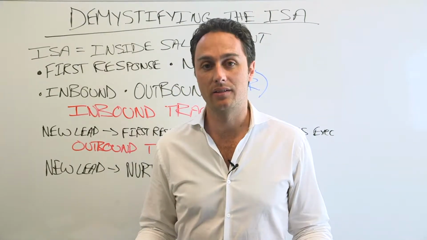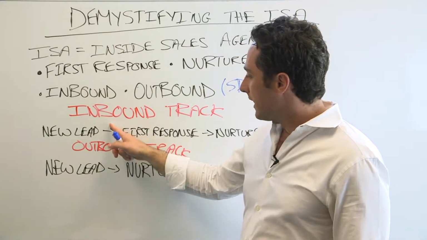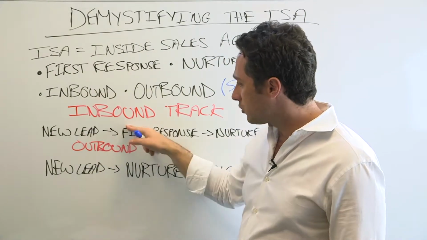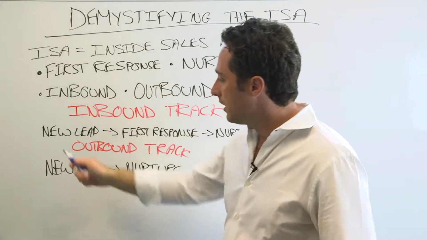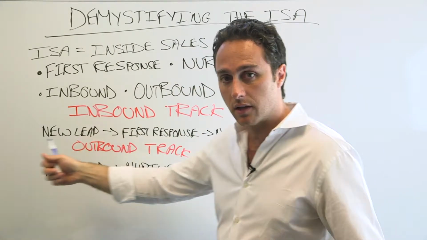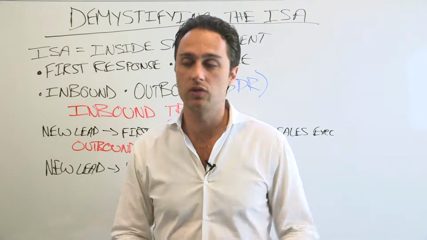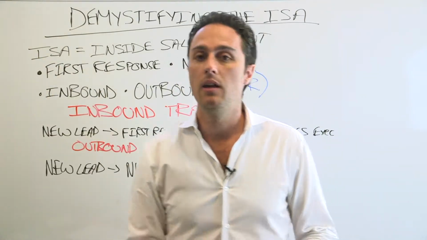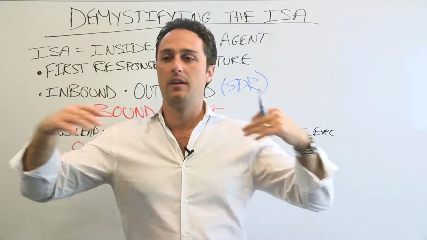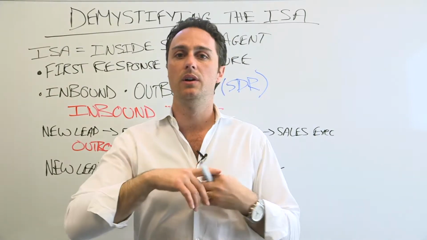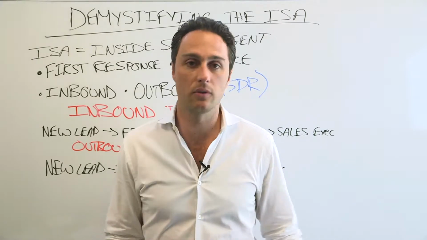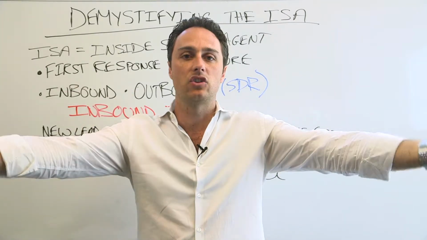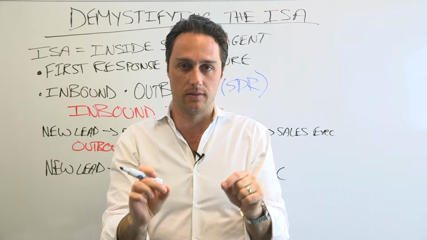There's two different tracks: inbound track and outbound track. Starting out with inbound, this is what it might look like. A new lead comes in from one of your marketing channels. It might have been a phone call in, from anything like postcards to a sign call to radio to newspapers, anything that's driving a phone call into your business.